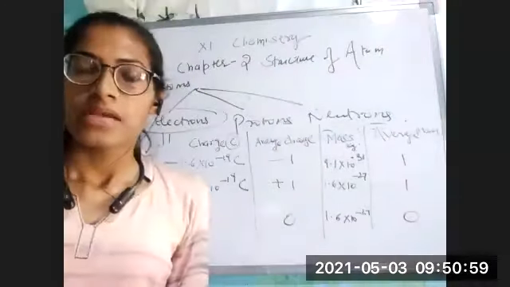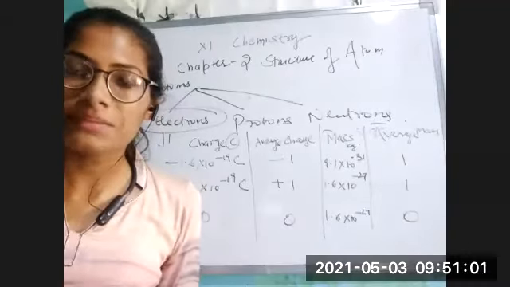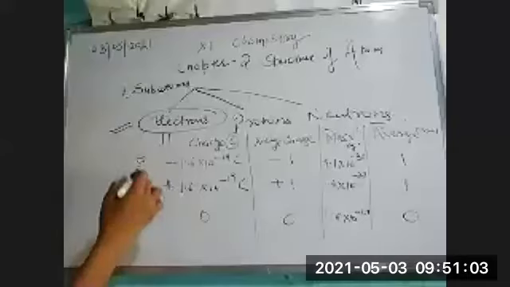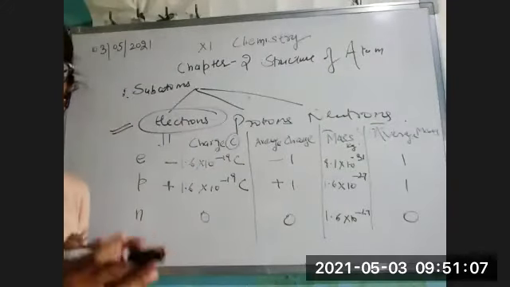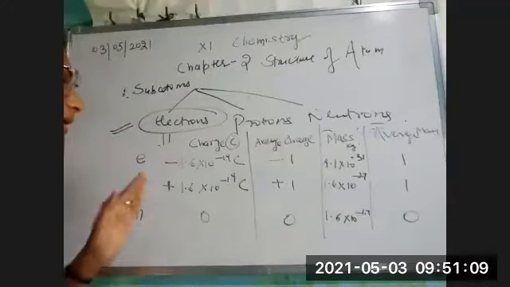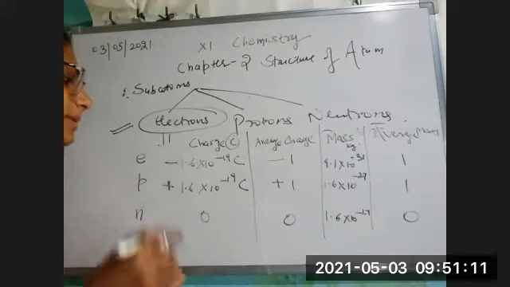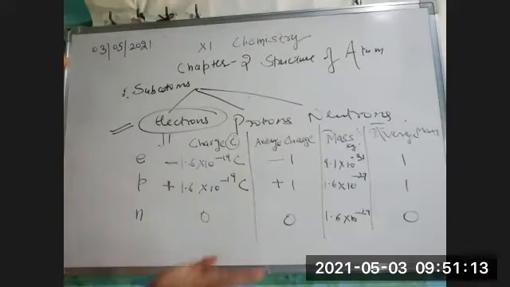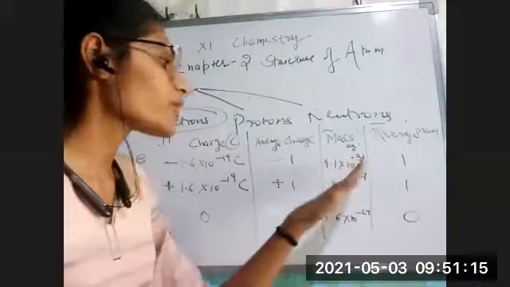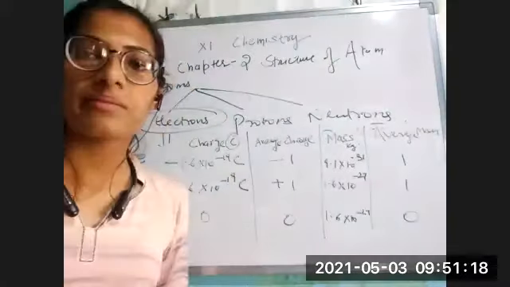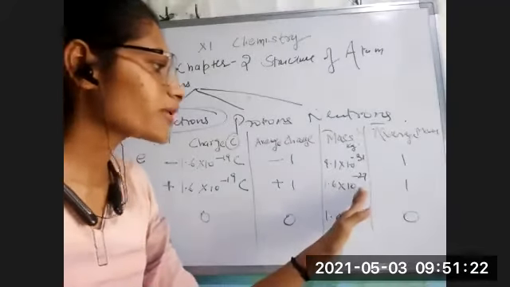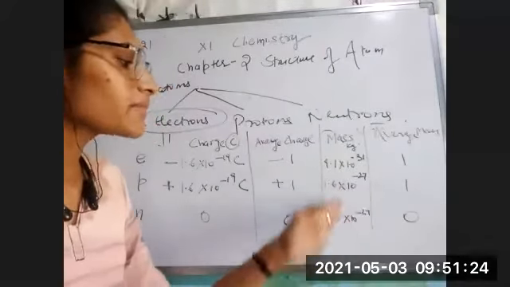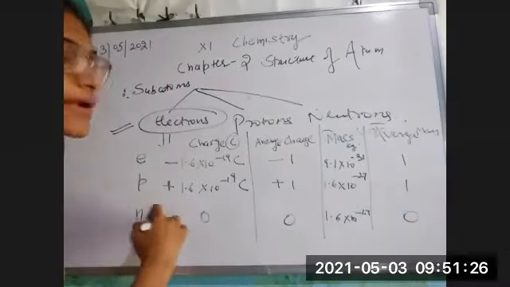So you must remember that the electron has a charge of minus 1.6 into 10 raised to power minus 19 Coulomb. The proton has the same charge but with a positive sign. The mass is very different: 9.1 into 10 raised to power minus 31 kg for the electron, whereas 1.6 into 10 raised to power minus 27 kg is the mass shared by both proton and neutron.